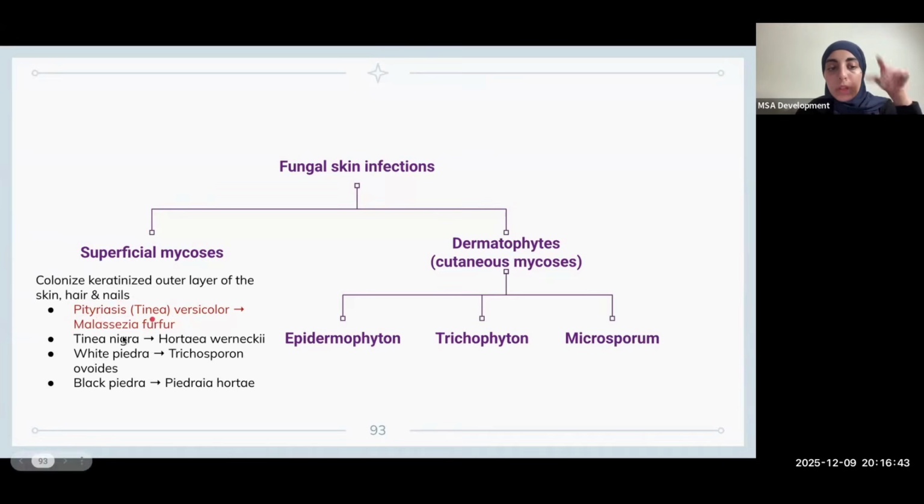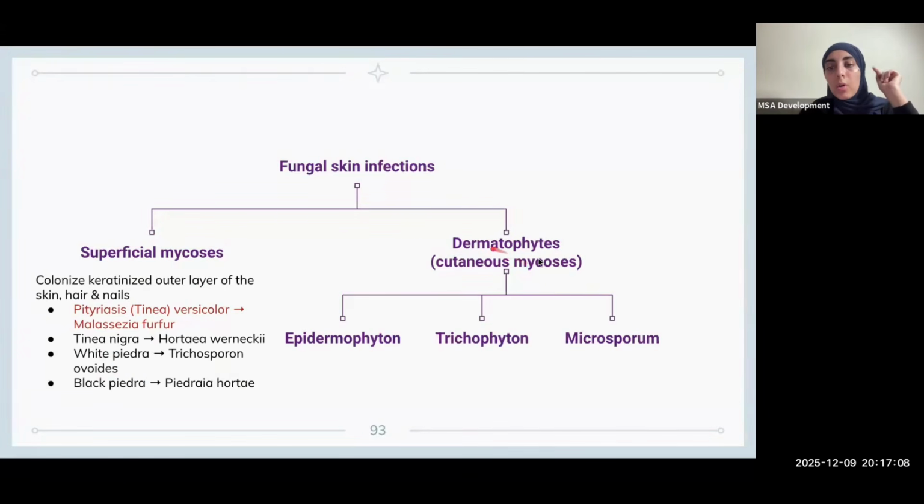We're gonna dive deeper into it. The other ones, tinea nigra, white piedra, black piedra, not really important for you to know. Just know that they affect the hair. They can affect hair, on the scalp. But the one you should focus on is pityriasis versicolor. Now, this is superficial mycoses. We also have cutaneous mycoses, which are due to dermatophytes.